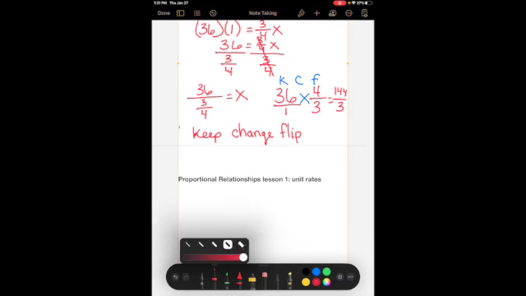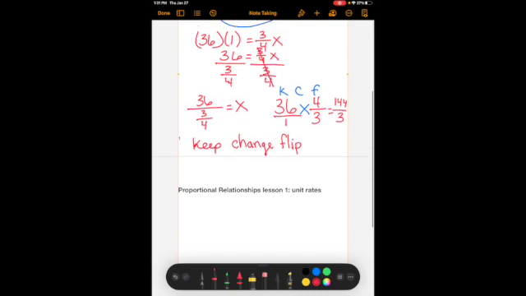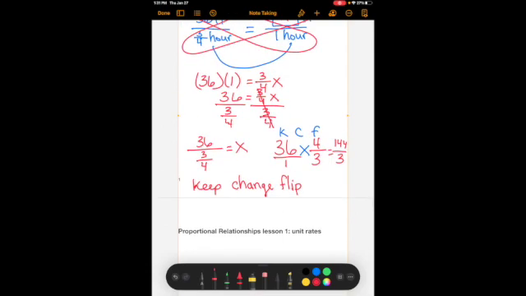So what we learned is that I will be able to paint 48 square feet in 1 hour.